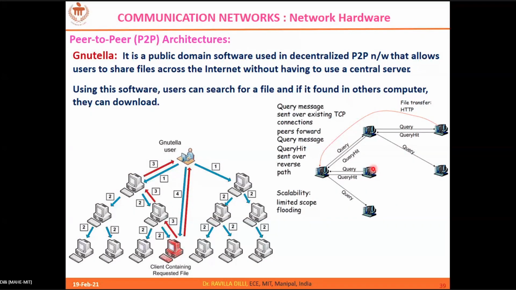Let us look at a few models, the applications of peer-to-peer architecture. Gnutella is one of the peer-to-peer software, public software which is available. Here you can see there is no centralized server as such.